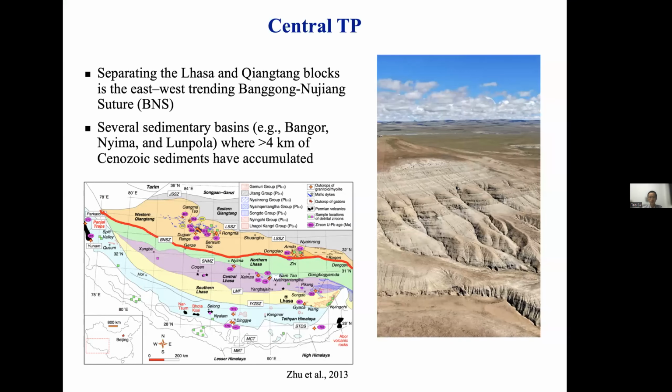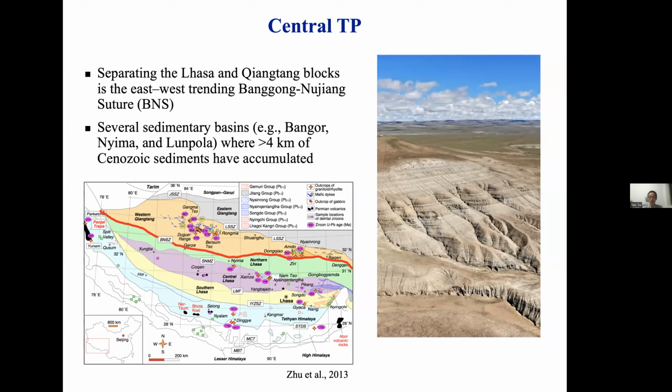Our research region is mainly in the central Tibetan plateau. The central Tibetan plateau is along the Bangong-Nujiang suture, and there are several sedimentary basins, such as Bangor Basin, Lunpola Basin, and the Lumpla Basin. There is very deep sediment in these basins.